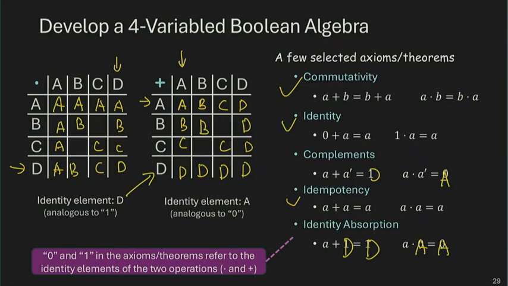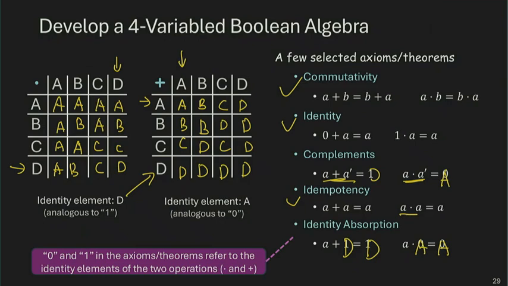So if B and C are complement to each other, right, B and C should give you the identity element of the other operation, right, which is A. And B or C, again, should give you the identity element of the other operation, which is D. All right, that's how you build a four-valued Boolean algebra using these abstract symbols.